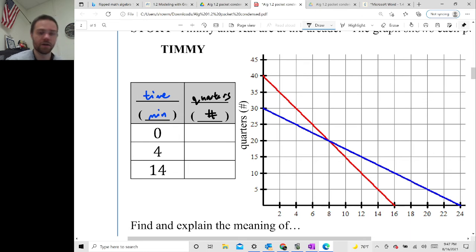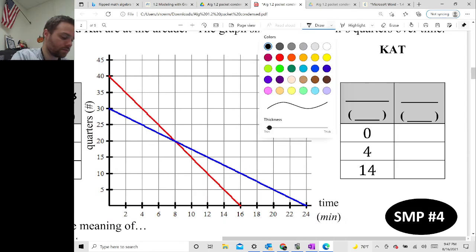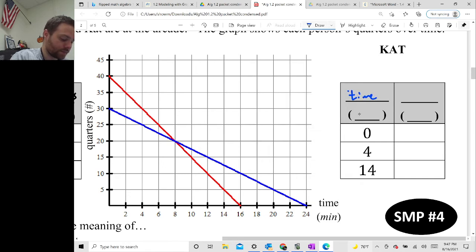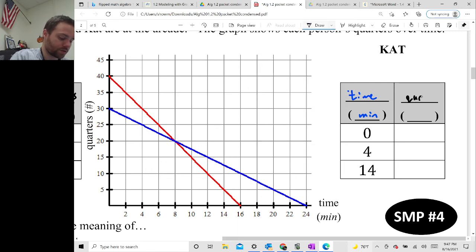And we're talking about the number of quarters, not the value. And the same thing over here. So time in minutes and quarters, the number of them.